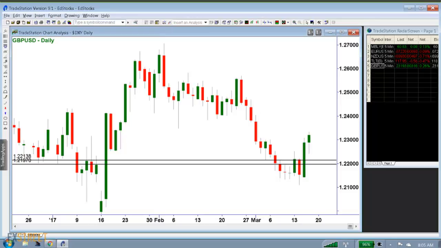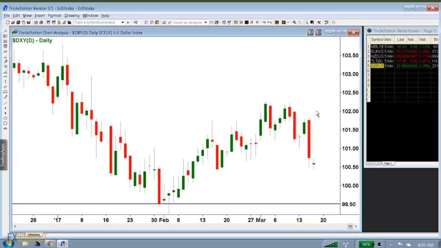Dollar sign DXY for the dollar index. Another big red candle for the dollar, even bigger than Friday's non-farm payroll, which was a really strong report.